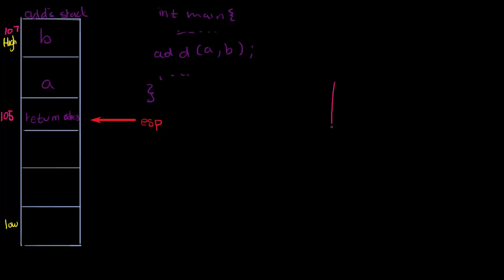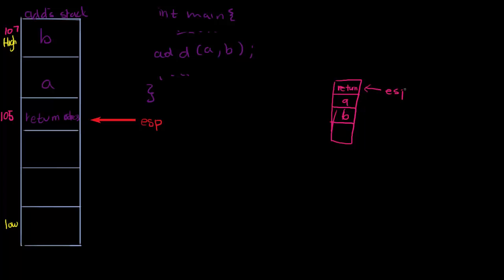So let's say we have our stack, and if we draw it in the way that we can visualize it better, the return address is going to be here. Then we're going to have A, then we're going to have B. So in reality, how we want to visualize the stack is like this.